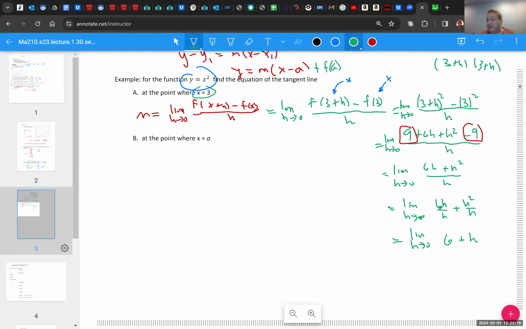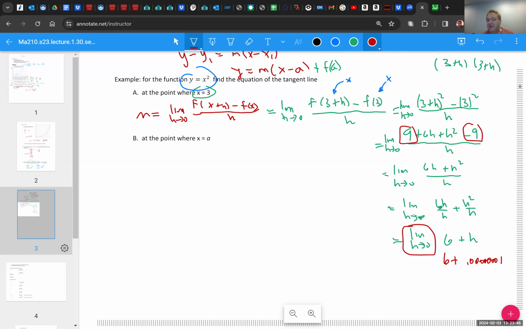Well, that may not be satisfactory at this point, but remember, the idea here is we want h to be very, very close to 0, like 0.00001 or something. We want h to be really, really close to 0. So what is 6 plus something which is really, really close to 0? Well, it's 6.000000001, right?